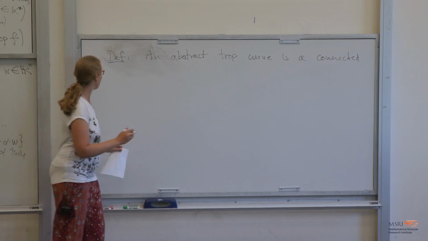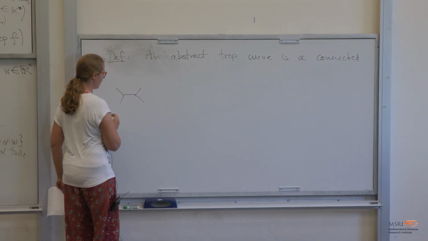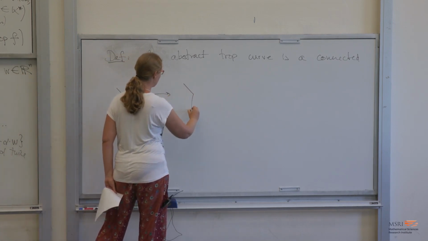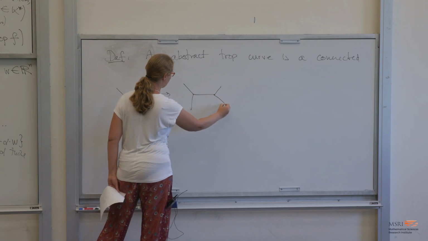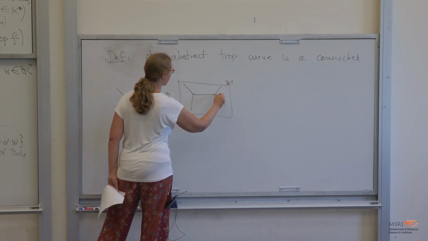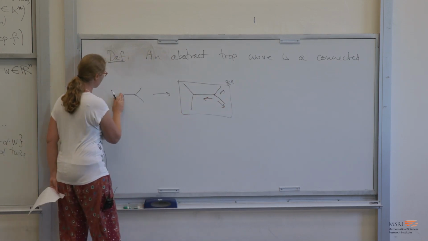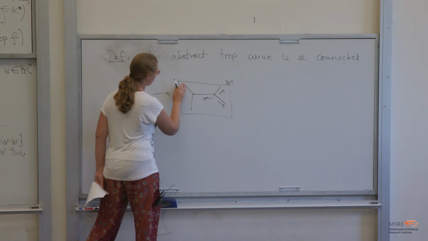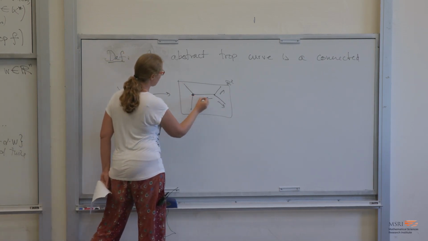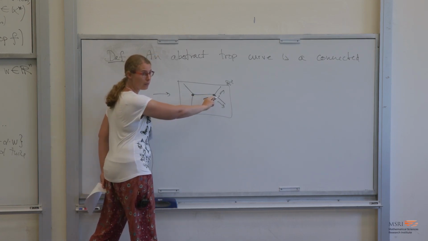Sorry, I should draw a picture to make this more precise. So imagine I have a very small abstract graph that I map to some picture in the plane. Now the picture in the plane almost looks the same, but that's how it is. So this is my balanced tropical curve. I wanted to talk about length, sorry. Now this is some point, and this is also some point, so I can measure the length of this interval, right?